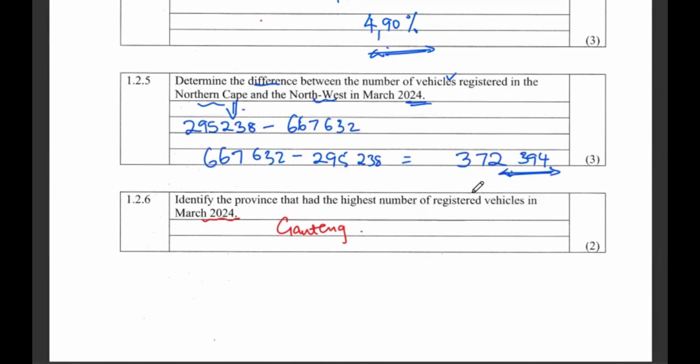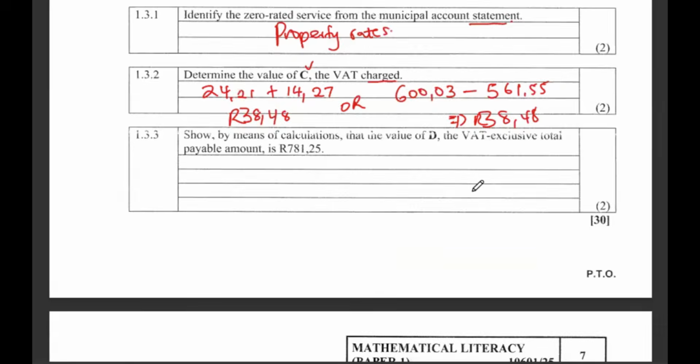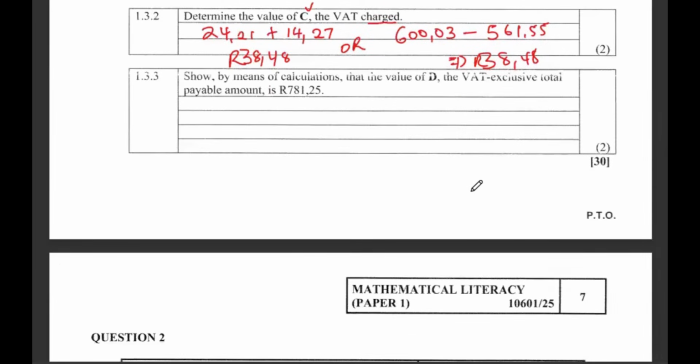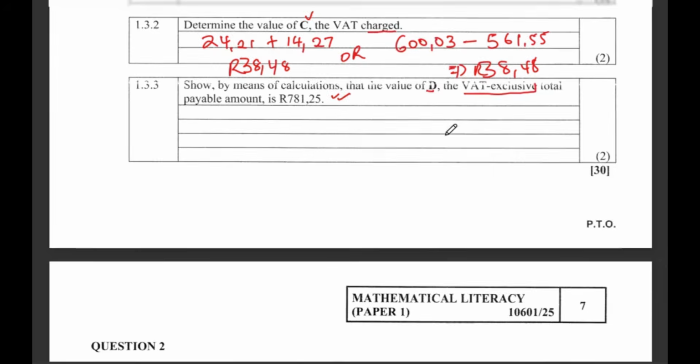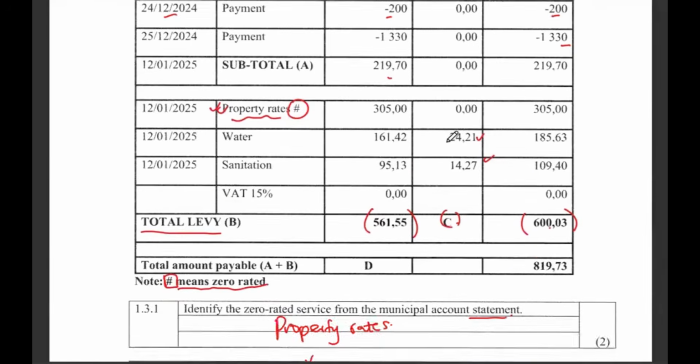All right. Then we move on to 1.3.3. They're telling us to show by means of calculation that the value of D, which is the VAT exclusive total, is this. Okay. So where is D? We need to check out where D is. So D is here.